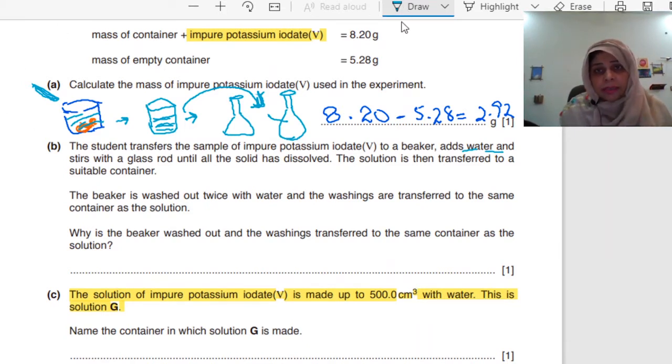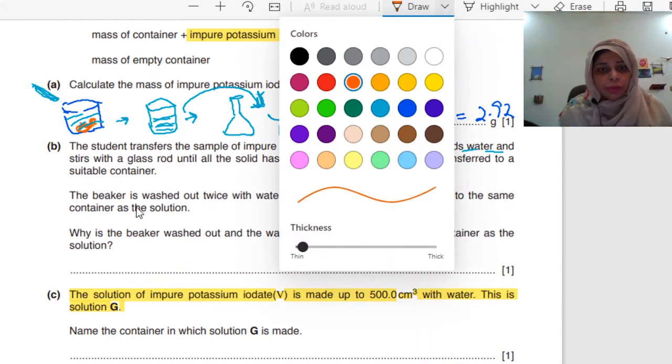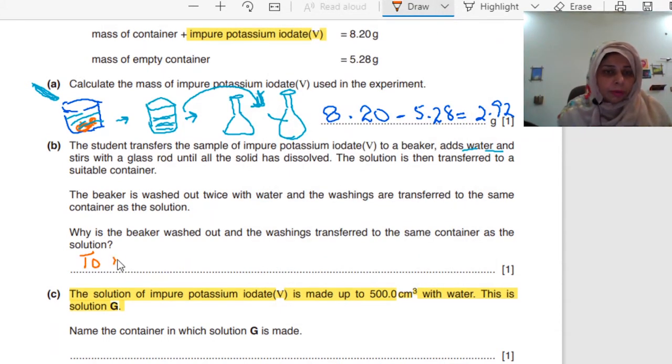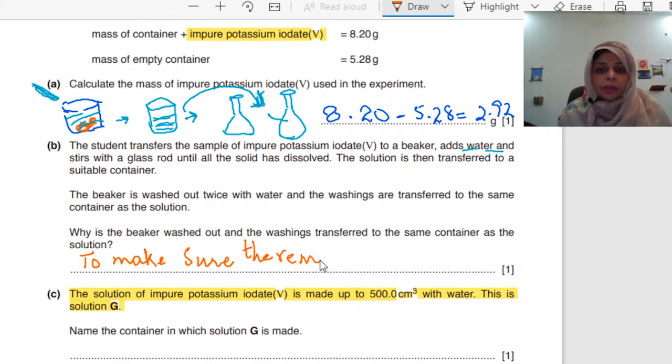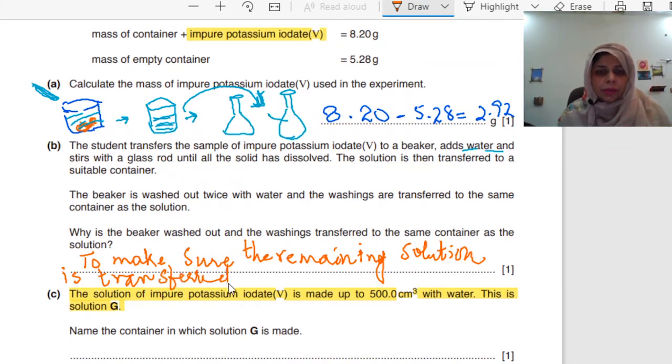So the answer is: make sure the remaining solution is transferred from the beaker to the volumetric flask.